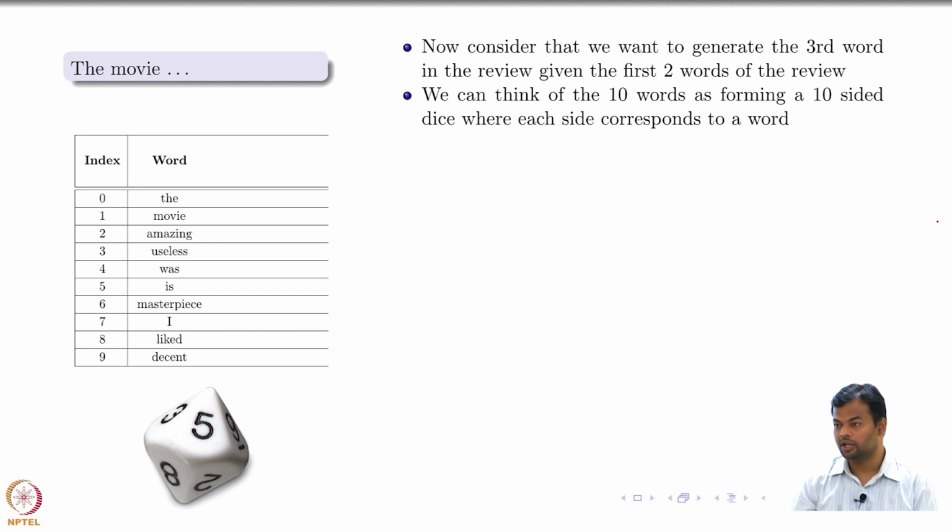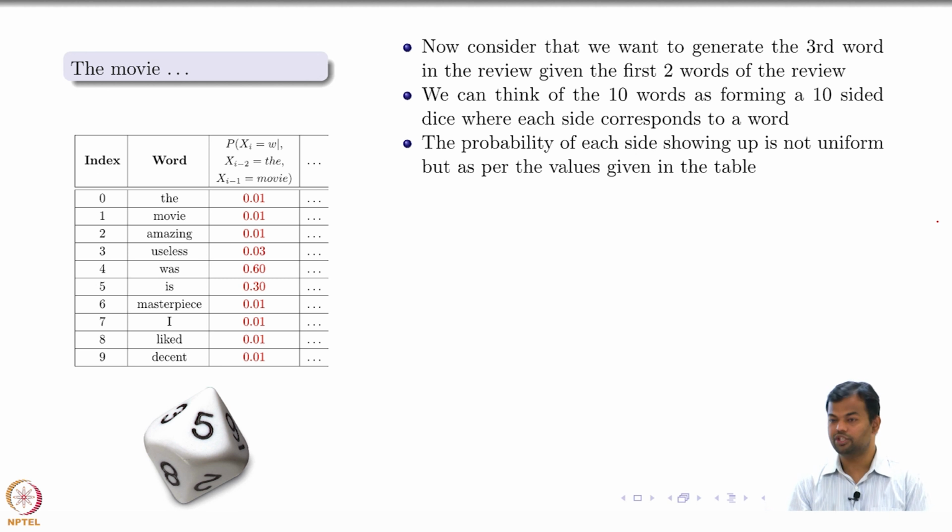Does that make sense? So you're not going to select the same face again and again, which is the maximum face. You're just going to roll it, but you know that the outcomes are going to show up with a certain probability. It's possible that the max side shows up more often than the other sides, but the other sides also have a chance of showing up. Depending on whichever side shows up, you'll pick that particular word.